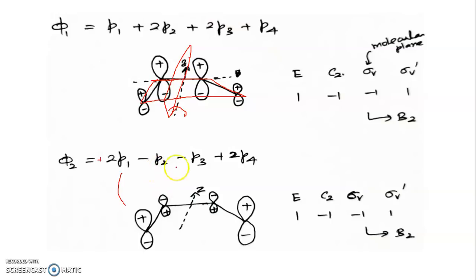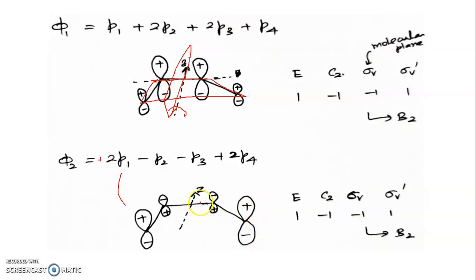Then between P2 and P3, this is minus, this is also minus. So no change of sign. Therefore, if the upper lobe has minus sign, the upper lobe of this must have the same sign. Then between P3 and P4, this is negative and this is positive, sign changes. Therefore, there should be a node here. So the sign must change. Here the upper lobe has negative sign and here the upper lobe is supposed to have positive sign.